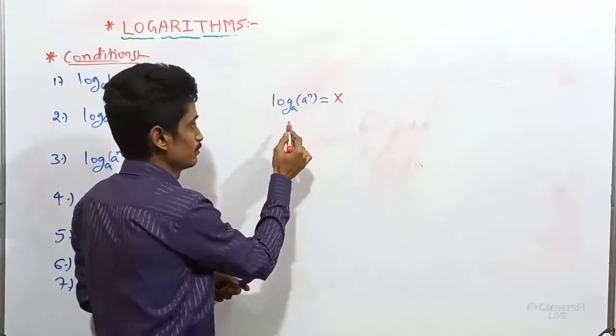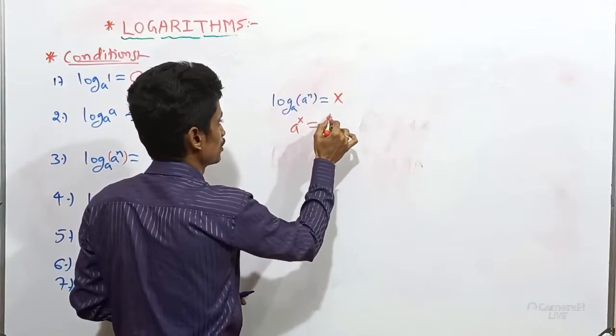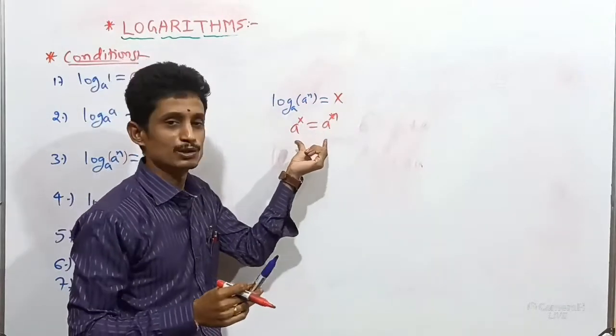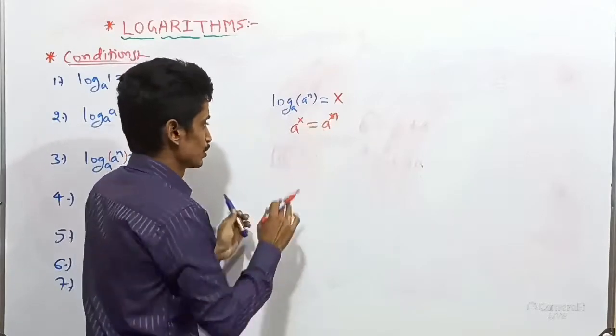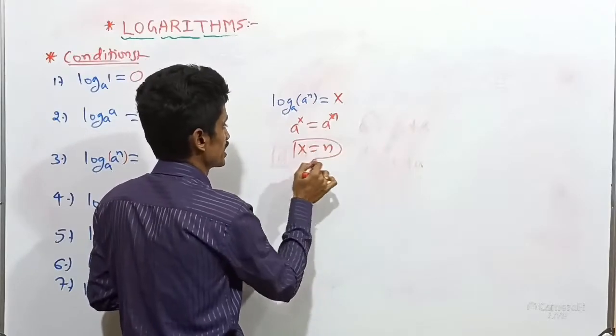Now write in index form: this a will lift to x, it should be a power x equal to a power n. From school time onwards we know when bases are same, powers will be equal. So same bases we have, of course x is equal to n.